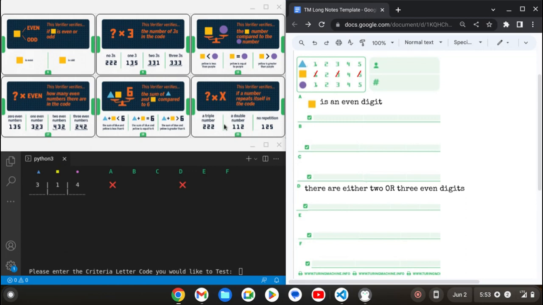So let's test criteria card F. Okay, so the Turing machine approves of the proposal 314. Notice for this criteria, what's relevant is that they're all unique. They're all distinct. 314, there's no repeating digit. So that's what I'm going to put down in my notes for criteria card F, that there are no repetitions.